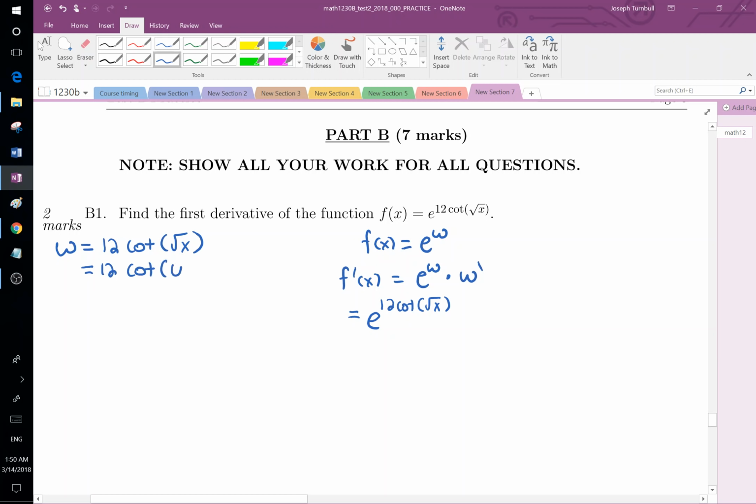It's a cotan of, I'll call square root of x, u. Then w prime, the derivative of cotan, starts with letter c, so I'll have a minus sign, has a t in it, so it'll be something squared, and the thing that's squared is cosecant. So negative 12 cosecant squared of u, and multiplied by u prime.